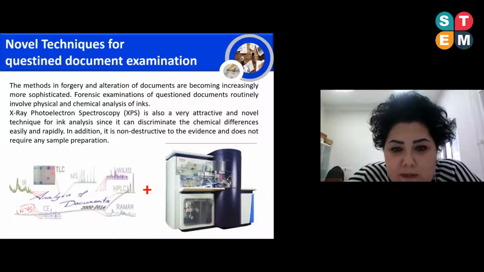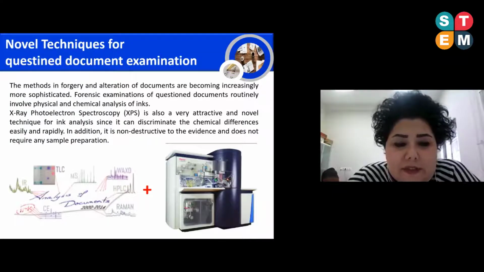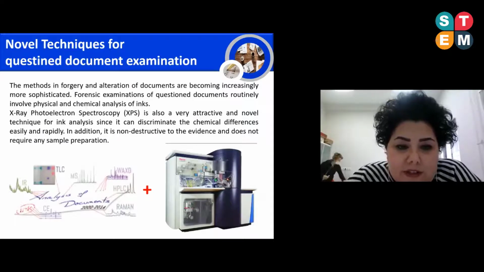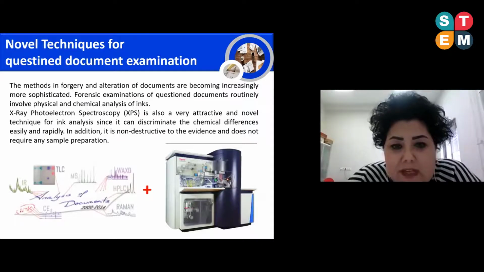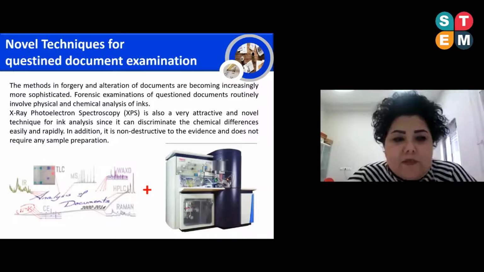X-ray photoelectron spectroscopy is also a very attractive and novel technique for ink analysis, since it can discriminate the chemical differences easily and rapidly. One of the advantages of this technique is that it is non-destructive to the evidence, and it does not require any sample preparation.